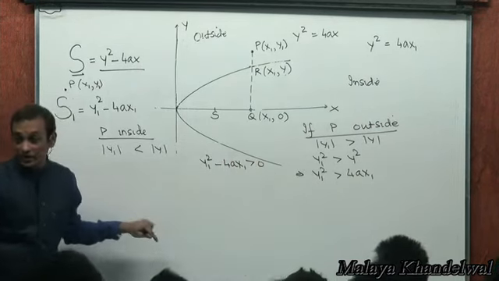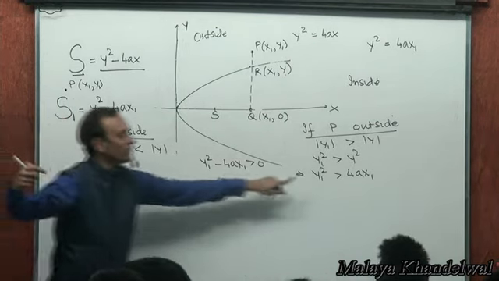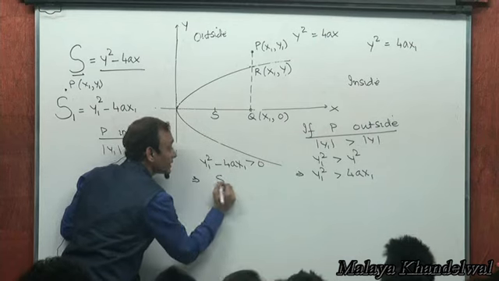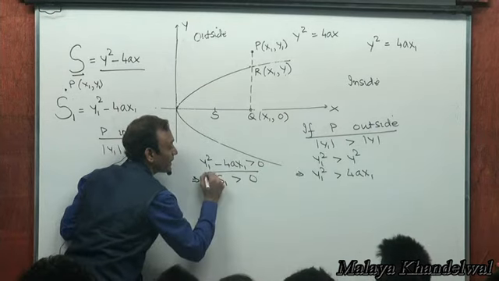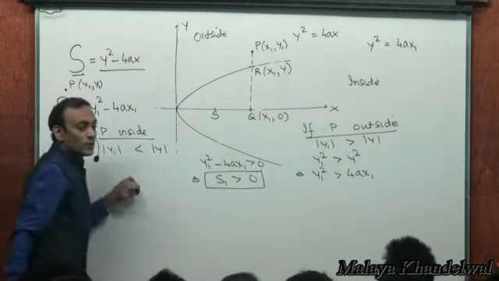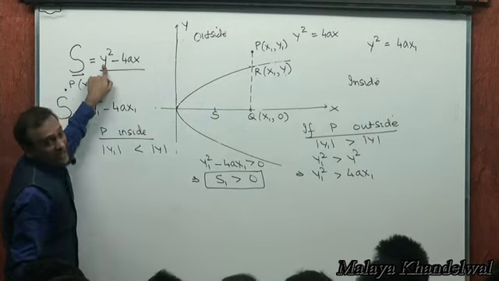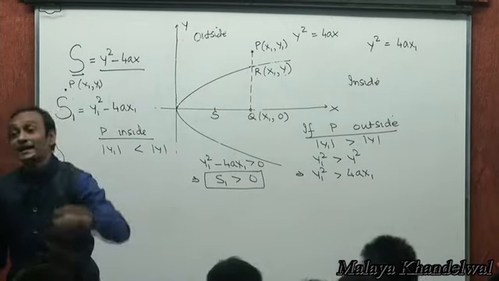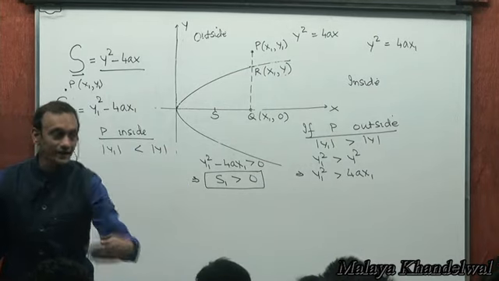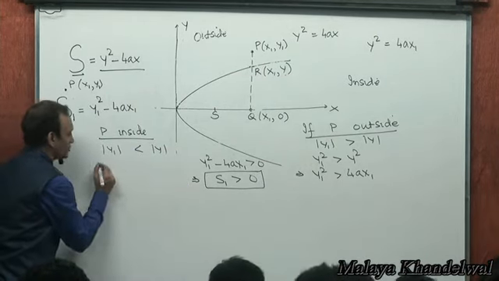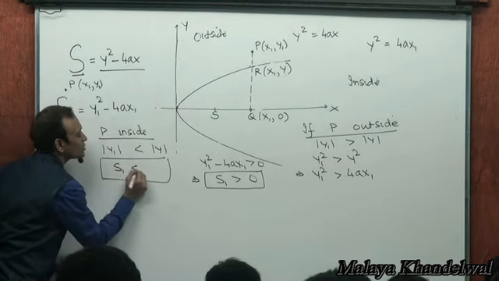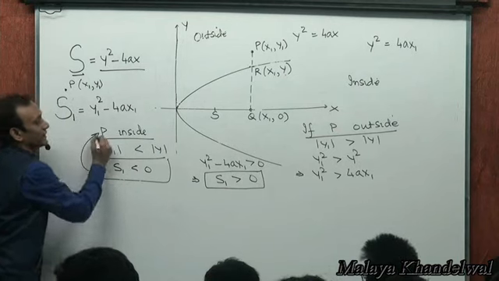If (x1, y1) is a point outside the parabola, then y1 squared minus 4ax1 is greater than 0. That means S1 greater than 0 for points outside the parabola. S1, the value of S at (x1, y1), will be greater than 0 for all (x1, y1) that lie outside the parabola, right? And if you square this the other way, you will end up getting S1 less than 0 for all points that lie inside the parabola.